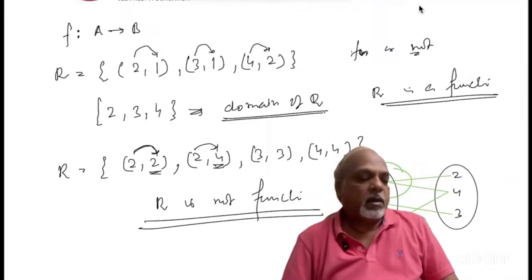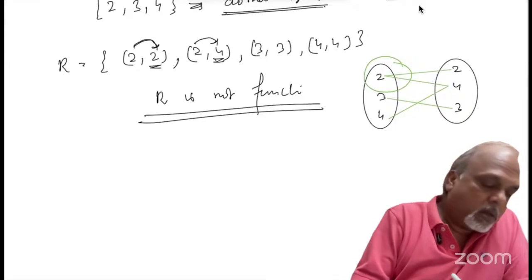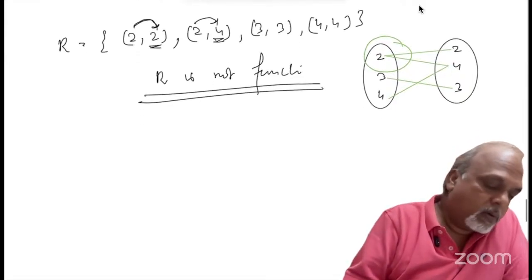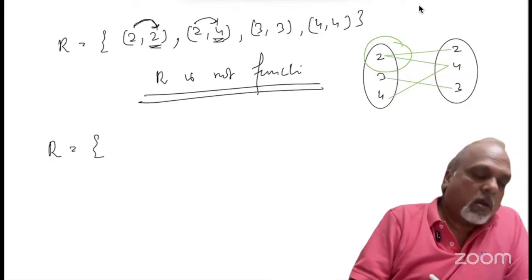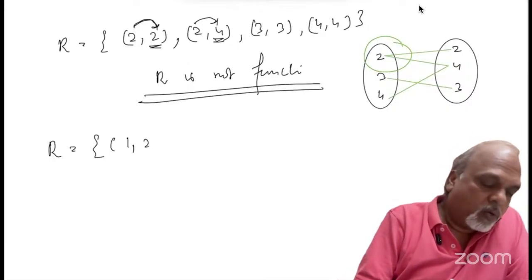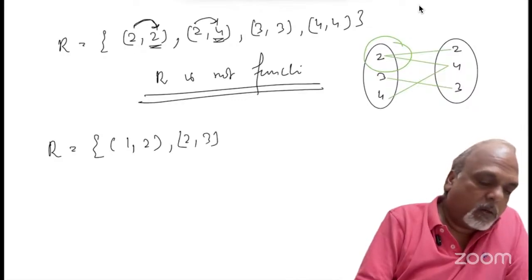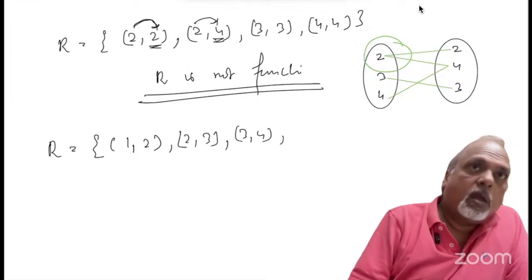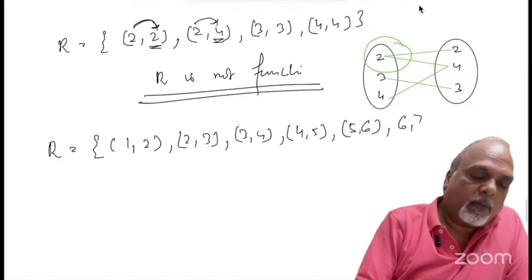Correct? Let us take another example. Suppose you have R as (1, 2), then (2, 3), then (3, 4), then (4, 5), then (5, 6), and then (6, 7).